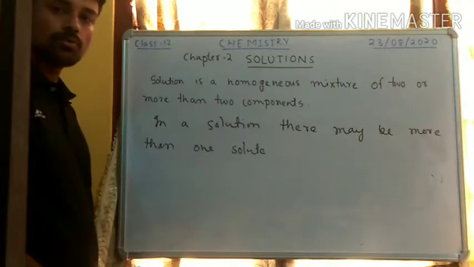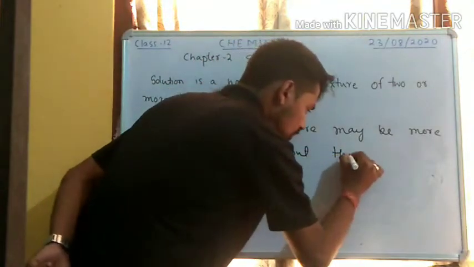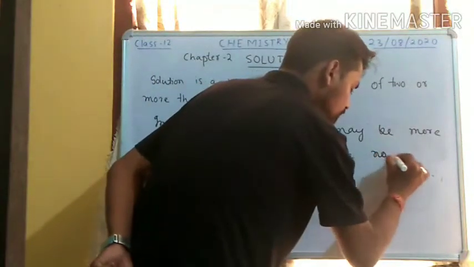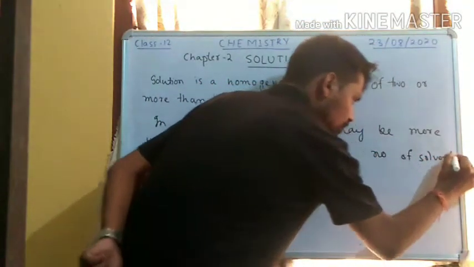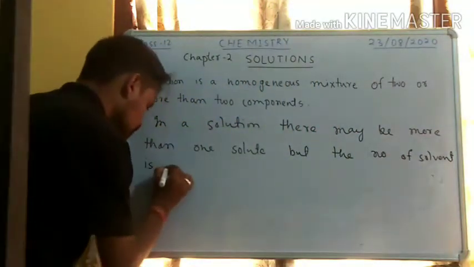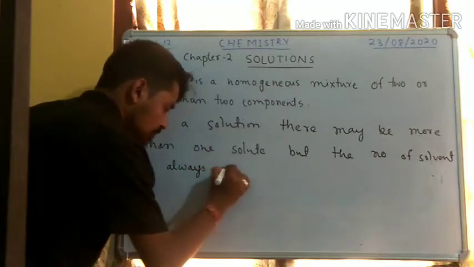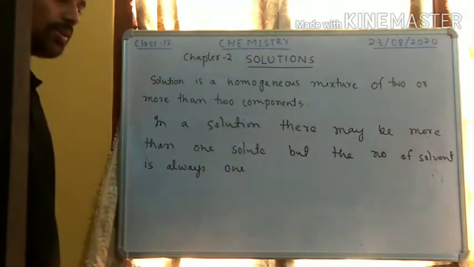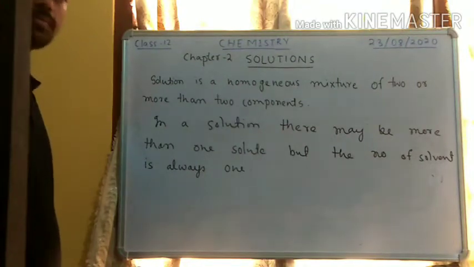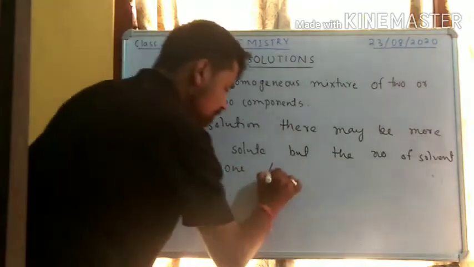It may be 1, maybe 2, maybe 3, but the number of solvent is always 1. In a solution there is only one solvent present.